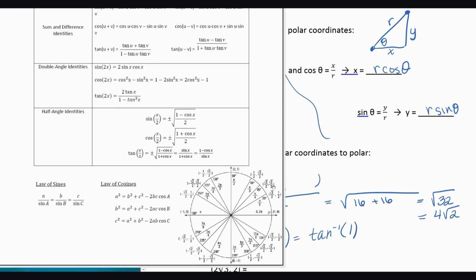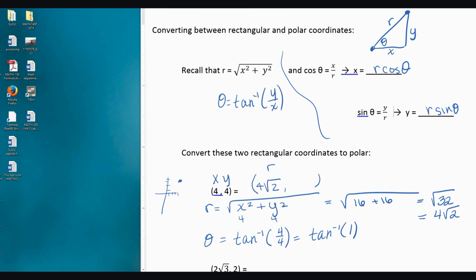If we took square root of 2 over 2 divided by square root of 2 over 2, that would just be 1. So this happens at pi over 4. So that is our theta. Okay, so that's our answer: 4 square root of 2 and pi over 4. So what we're saying is for that same point that was 4, 4, this distance was 4 square root of 2, and this angle was pi over 4.